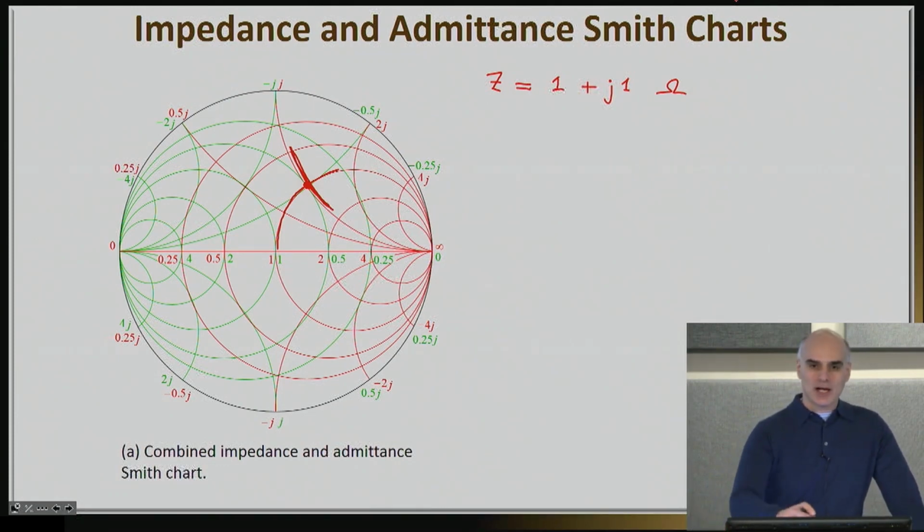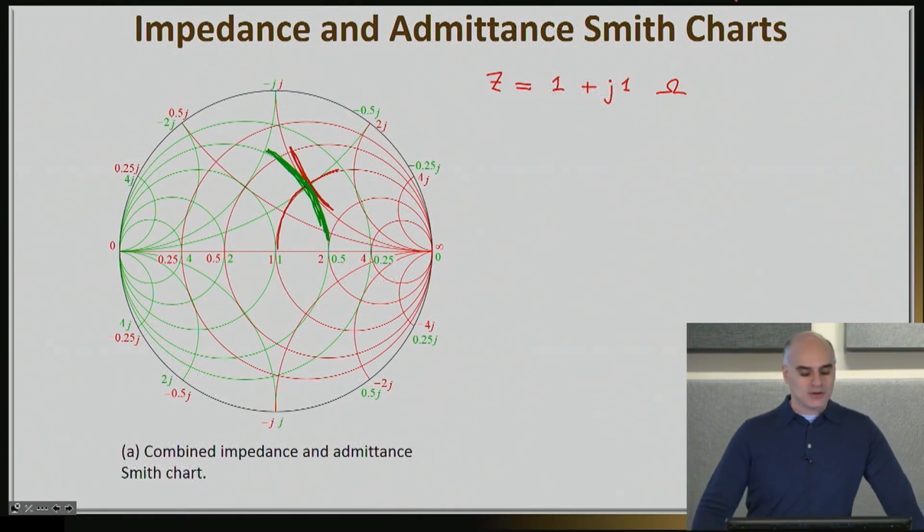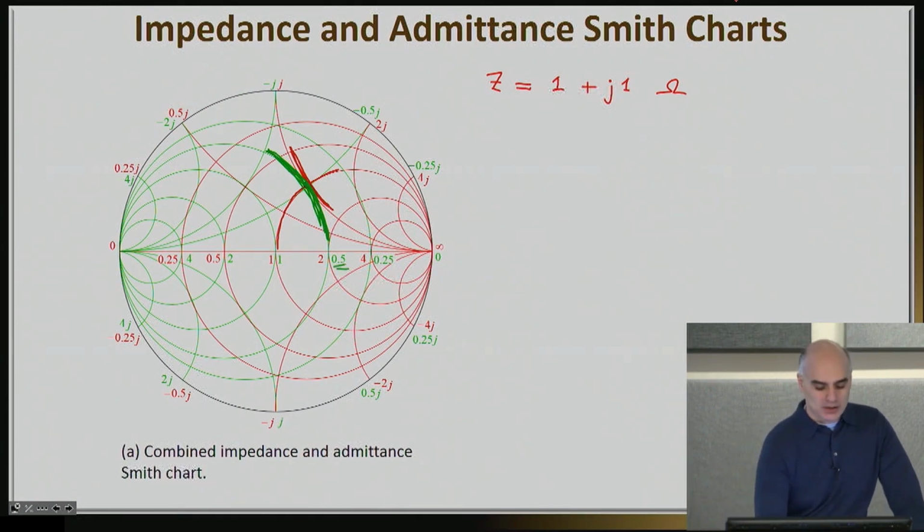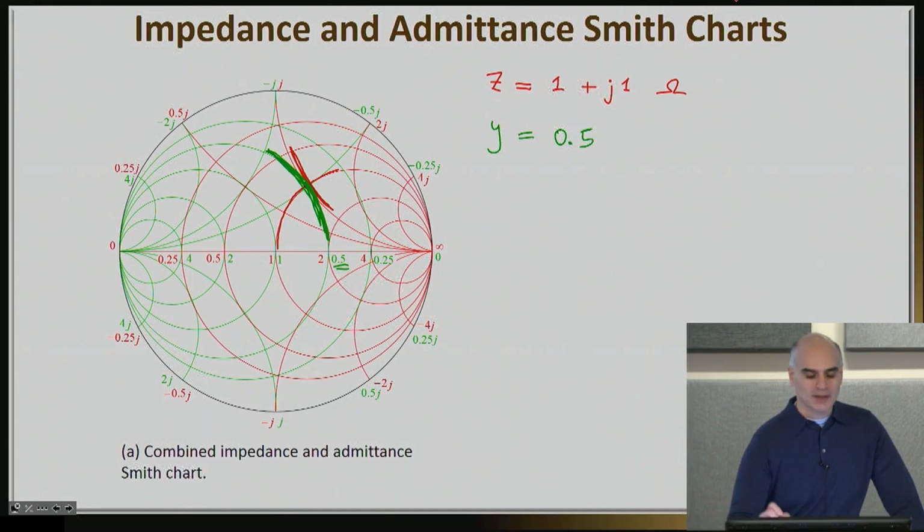Now let's focus our eyes on the green lines. If I look at the green lines, then this is the green line where the real part of the admittance will be on, and I'm making it purposely thick so you can see it. The value there, as you can see, is actually 0.5. So the y of this load will have a real part of 0.5.